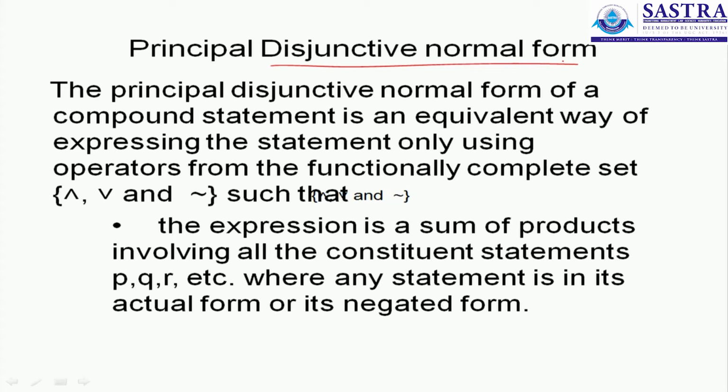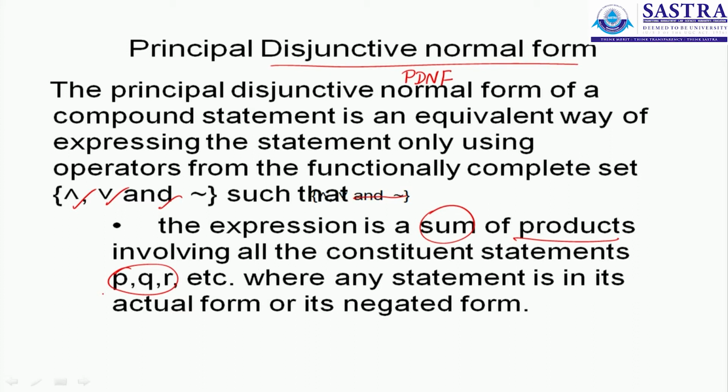A principal disjunctive normal form, a possible acronym is just PDNF, of a compound statement is an equivalent way of expressing the statement only using these 3 operators such that the statement is a sum of products involving all the constituent statements P, Q, and R. Sum of products.